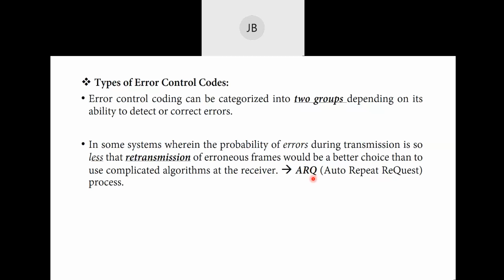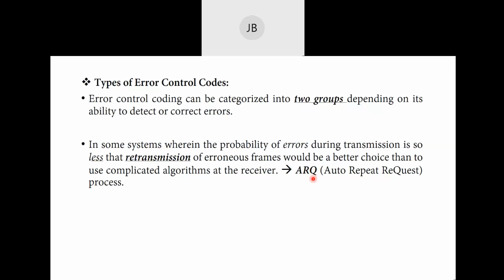So in this case, there is no checking for errors or no correcting of the errors, nothing. The transmitter transmits the information and receiver, if it cannot receive it within a particular time, then it will ask for retransmission. Again, transmitter will retransmit, the receiver will try to receive it. If the receiver cannot receive within a particular time, then again ask for retransmission.